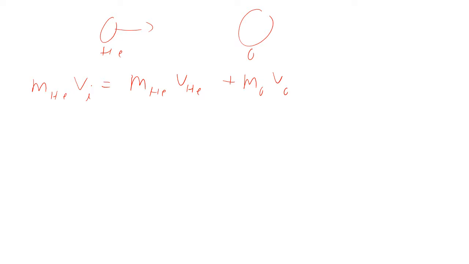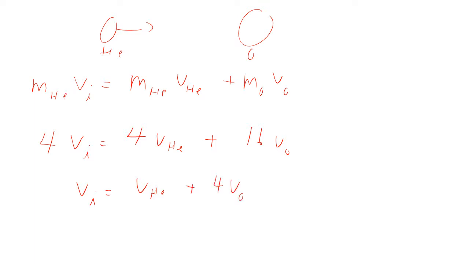Well, we know that the helium mass is basically 4 atomic mass units, and so we can just put 4 in here, and the oxygen is 16 atomic mass units, so we can put in 16 right there. Okay, we divide everything out. V sub I equals V sub HE plus 4 velocity of the oxygen.